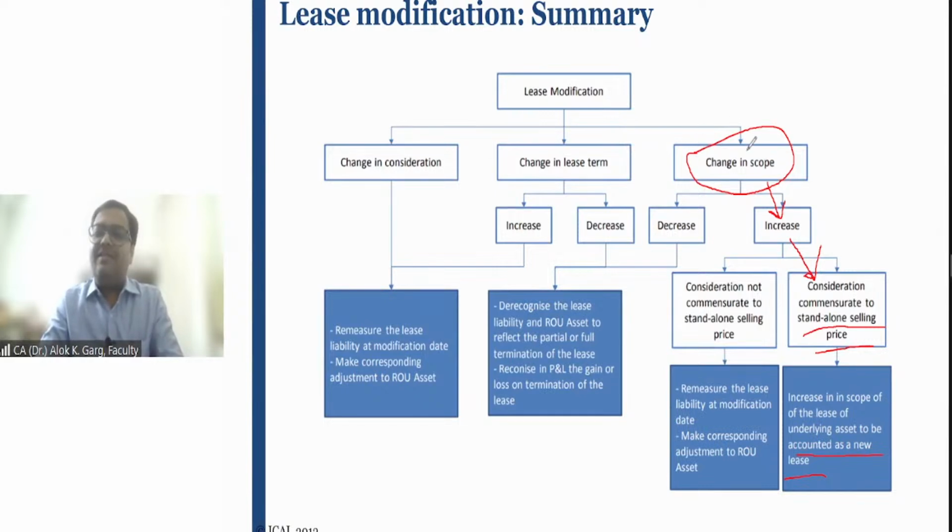Now, if there is a change in scope, meaning an increase in scope, but the consideration is not in line with the market rental, not in line with the standalone selling price of this increase in scope, then you have to remeasure the lease liability at the modification date.